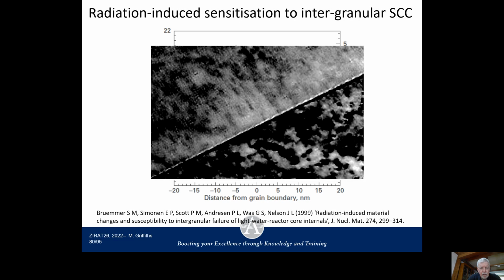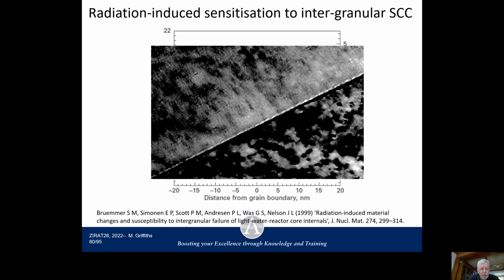Now, ostensibly, the parsimony principle would state, well, what's the obvious reason for that? And one would be carbide formation. But in the absence of carbide formation, the other way that you can get some chromium depletion is if there's some type of inverse Kirkendall diffusion, if the grain boundary is a sink for vacancies.